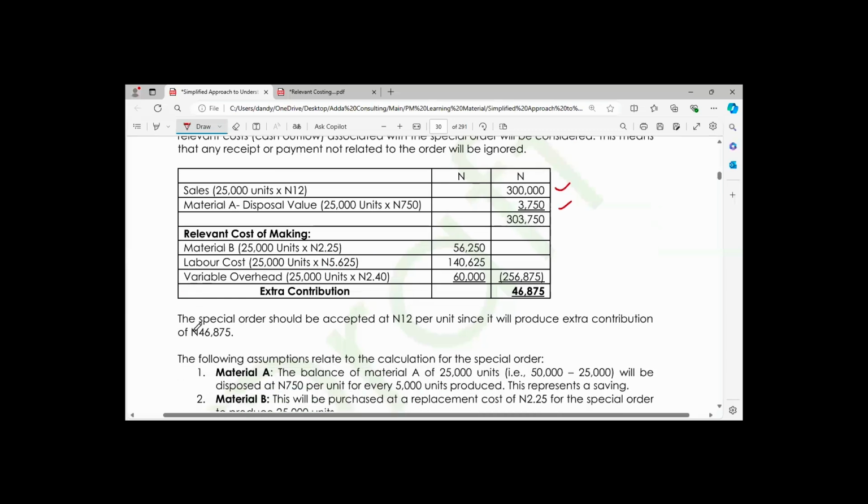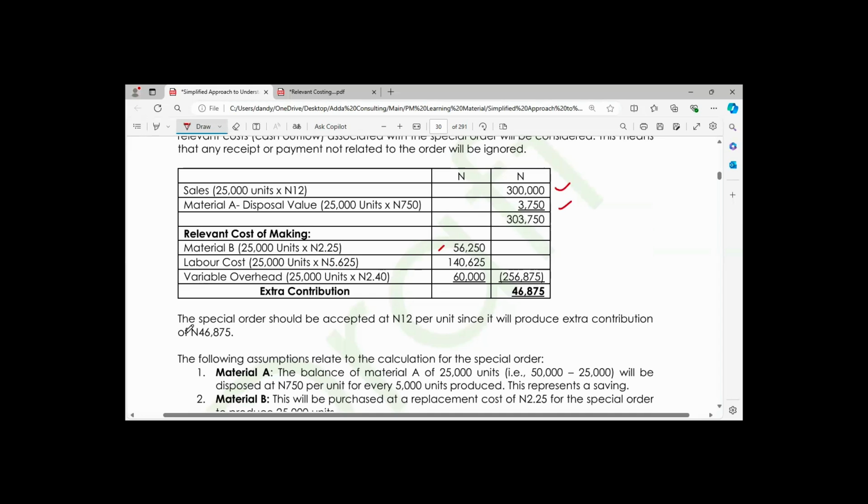Then the relevant cost of making the special order. You want to produce 25,000 at what price? In this case, for material B, remember you are going to purchase these 25,000 units at the replacement cost of 2 naira 25 kobo. That's how we got that 56,250. Again, labor cost.